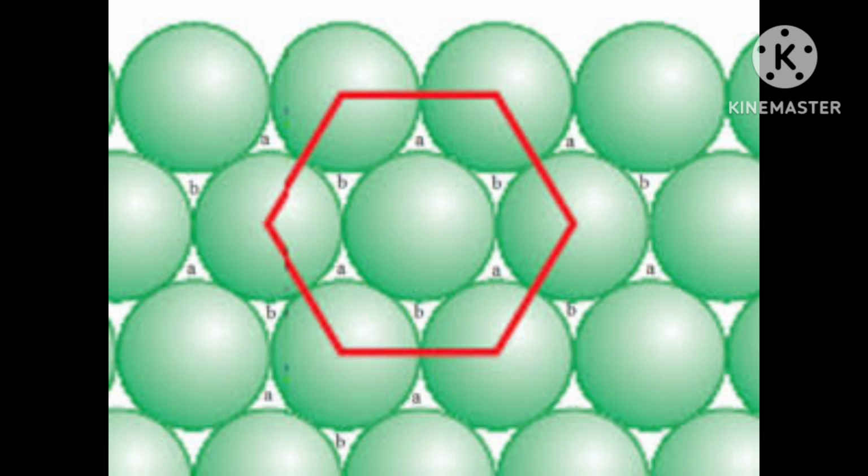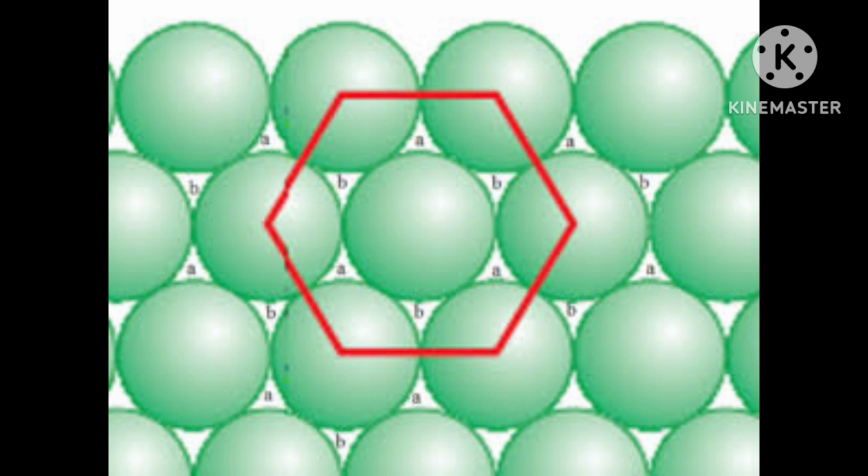Square close packing arises when you make the same type of arrangement. Suppose 5, 6 spheres are there. Then the second row you have arranged in the same way, touching the first row.